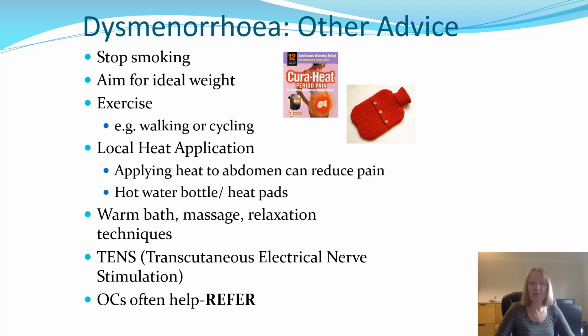There are various other heat pads which you can apply to the abdomen to relieve things a bit. Other things you can do are having a warm bath, relaxation techniques, and TENS. Oral contraceptives can really help with dysmenorrhea by controlling the cycle and those hormones which are causing it. If somebody's tried all of these things already and they don't respond very well to the treatments over the counter, you refer them.